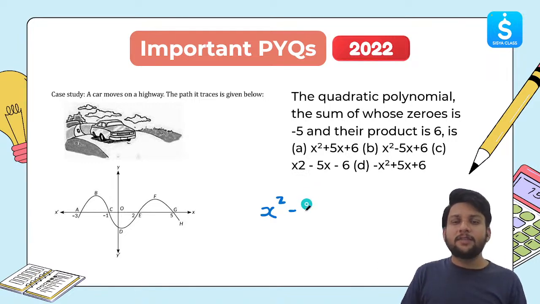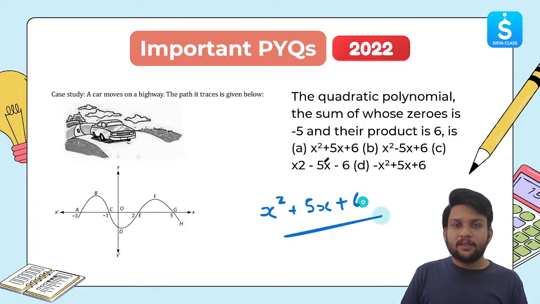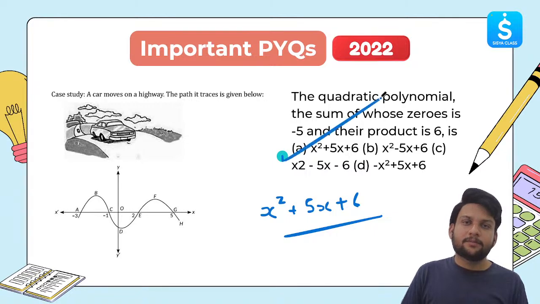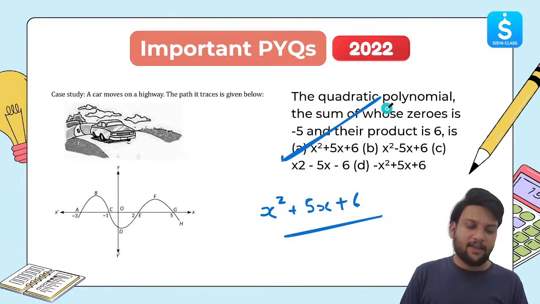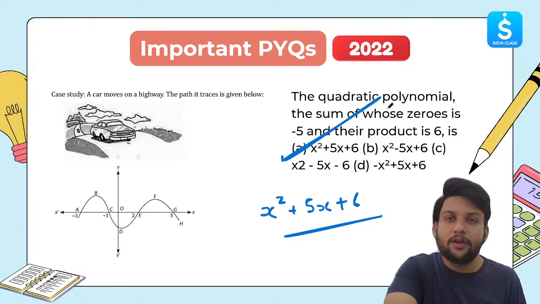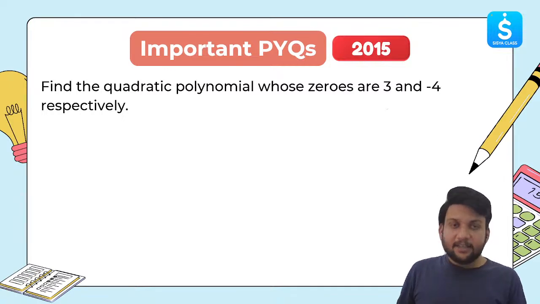So what is the sum of roots? It is given as -5. So minus of -5 will give us plus 5x plus the product of roots, that is 6. So which is the correct option? It is option number A. You got it? Great, great, great. Many of you got it? Nice. Okay, so that is the end of that series.